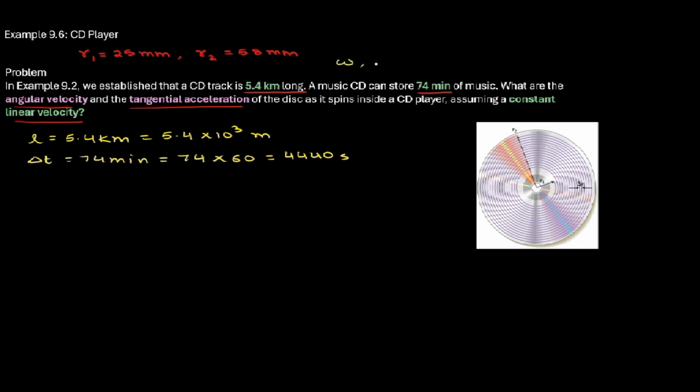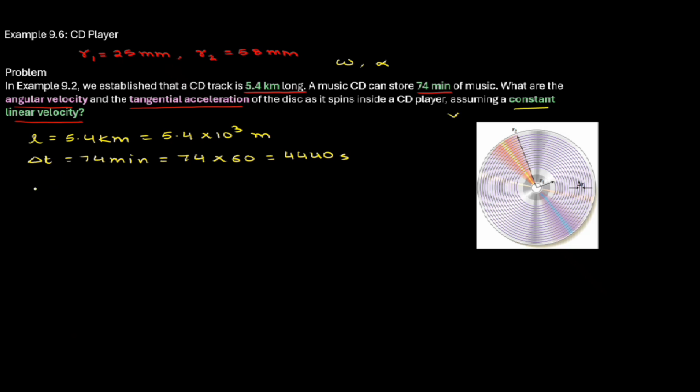We need to find what are the angular velocity and tangential acceleration. So I want to find omega and alpha as the disk spins inside a CD player. Before we find these values, we can first find what is the constant linear velocity v. I have the total length of the CD player and I have the time for which it can play music.